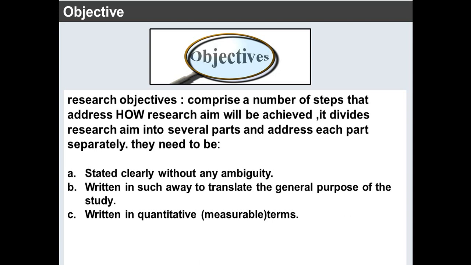They need to be stated clearly without any ambiguity. It is very clear, written in such a way as to translate the general purpose of the study, and written in quantitative, which means measurable, terms.